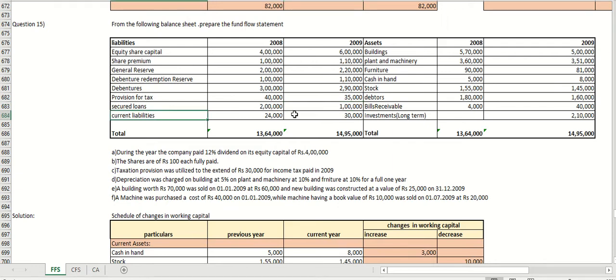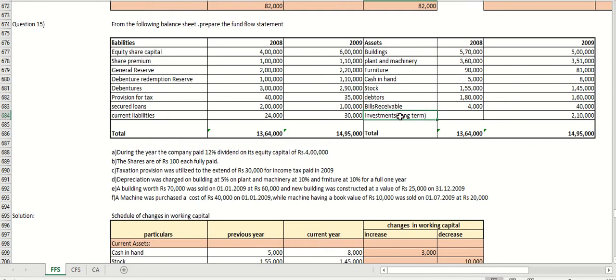Next is your current liability. Last year it is 24,000. The current year it is 30,000. Current liability will be shown in your schedule of changes in working capital. Buildings, plant and machinery, furniture, all are your long-term assets, which will be prepared with your ledger accounts respectively. Cash in hand, stock, debtors, bills receivable, all are your current assets, which will be shown in your schedule of changes in working capital.